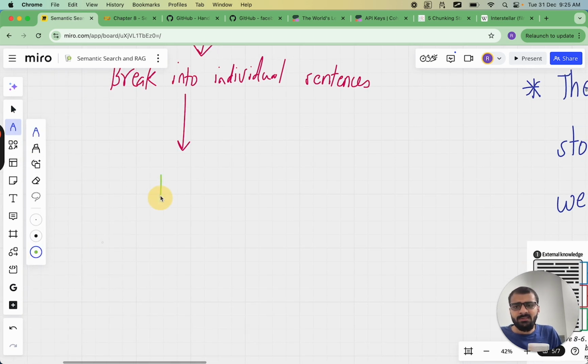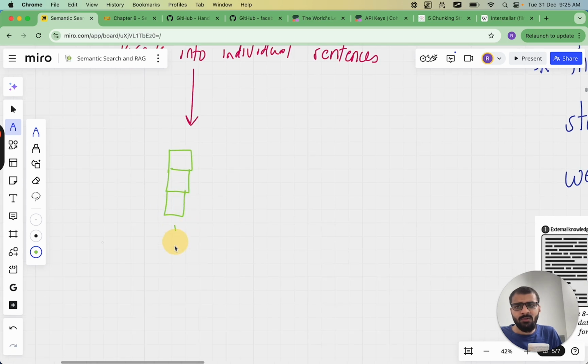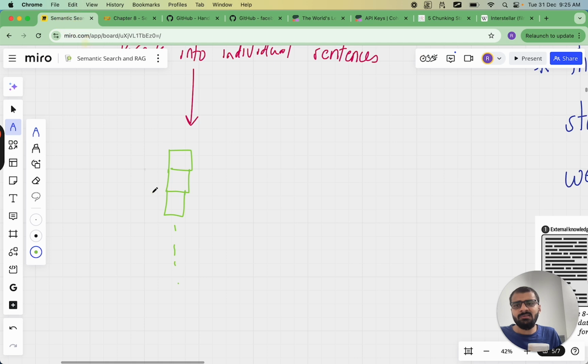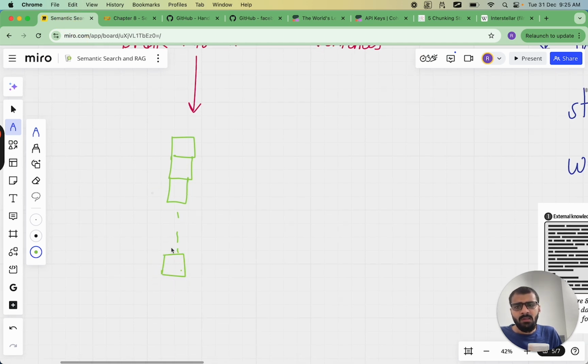So let's say this is the first element of the list, this is the second element of the list, this is the third element of the list, dot dot dot. Overall, I think there were 15 sentences which we had. So these were the 15 sentences. If I would write, this is the first sentence, this is the second sentence, this is the third sentence, and the 15th sentence. This is the list.